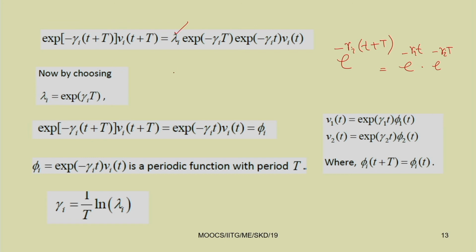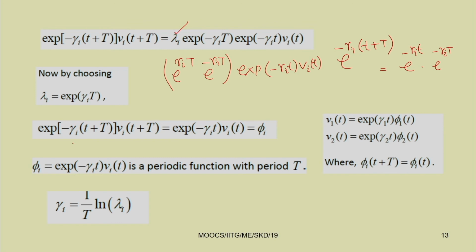Lambda_i we have written as e to the power gamma_i T, and here we also have the term e to the power minus gamma_i T. So, we can multiply these two, which will give rise to 1. The remaining thing is e to the power minus gamma_i t into v_i(t).